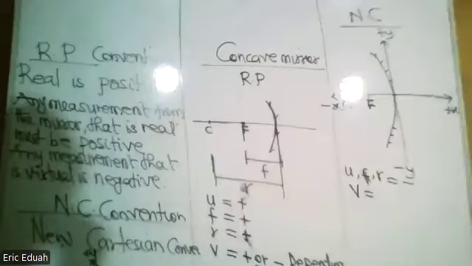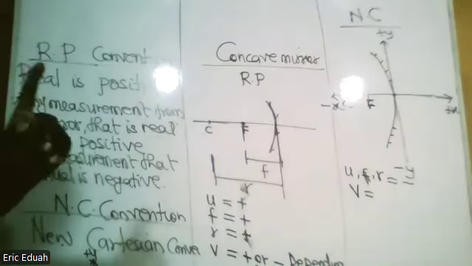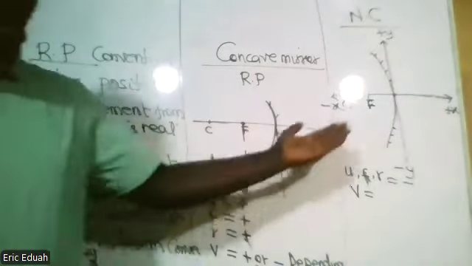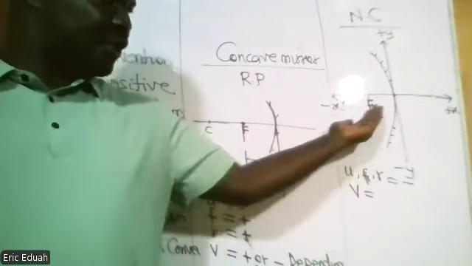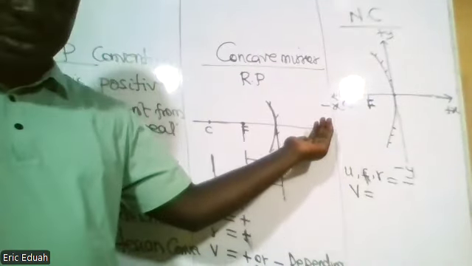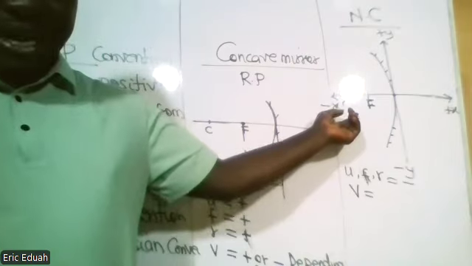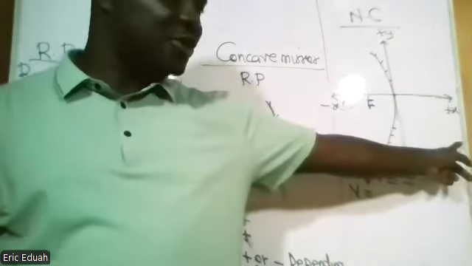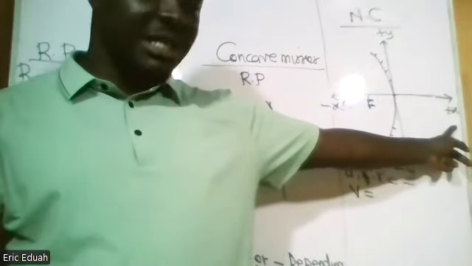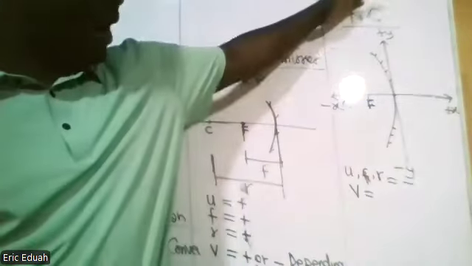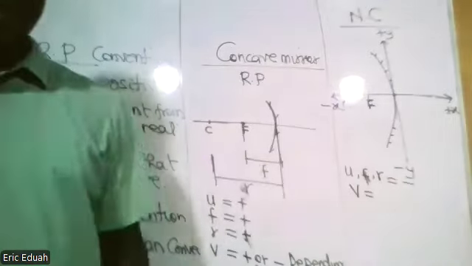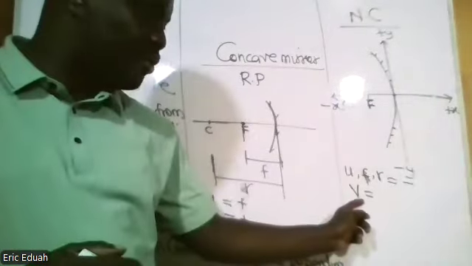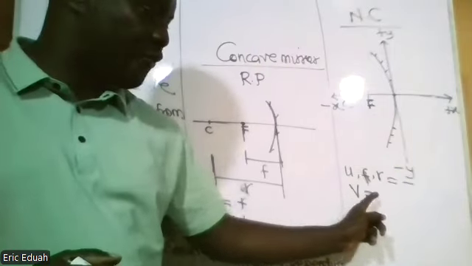Under NC convention, it is just an X and Y axis. Any measurement in front of the mirror falls within the negative X axis. Any measurement behind the mirror falls within the positive X. So if the image formed is real, what do you think will be the sign for V?